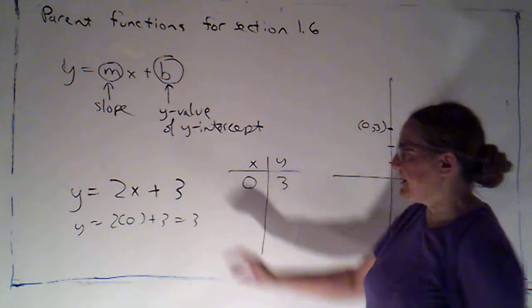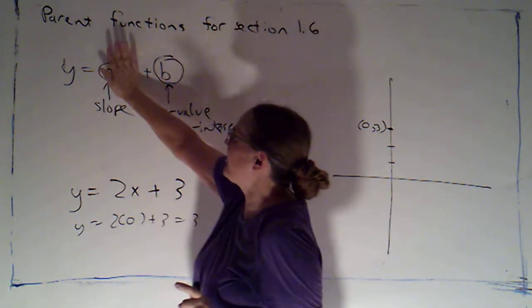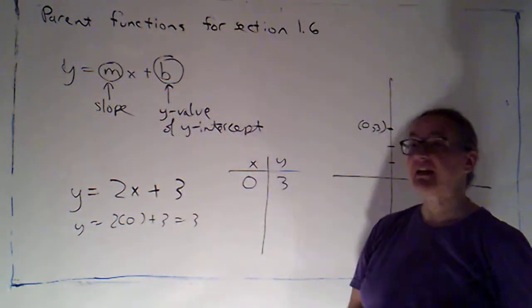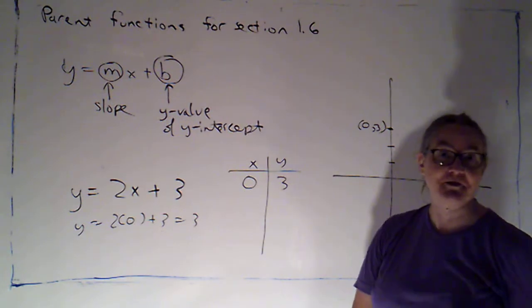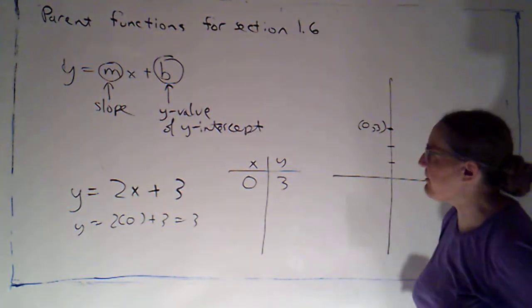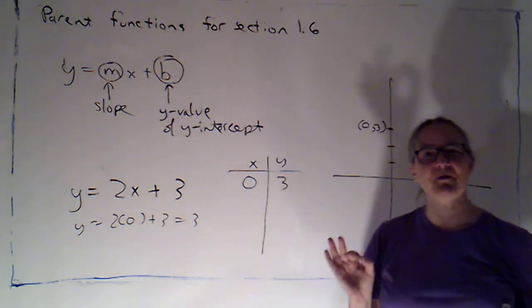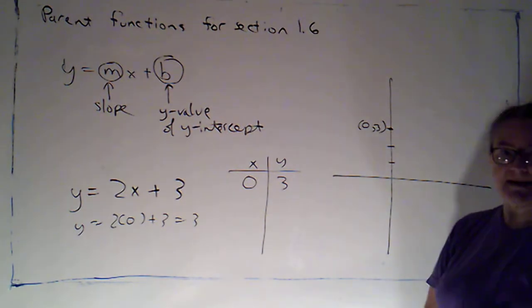And I can actually see, anytime I have something that looks like this, if I plug in 0 for x, I'm just going to get b. So whatever number is by itself is always going to be the y value of the y-intercept. Notice I was careful about how I stated that. I didn't say b was the y-intercept, because the y-intercept I want to remember is a point, not just a number. So that would be the point (0, 3).